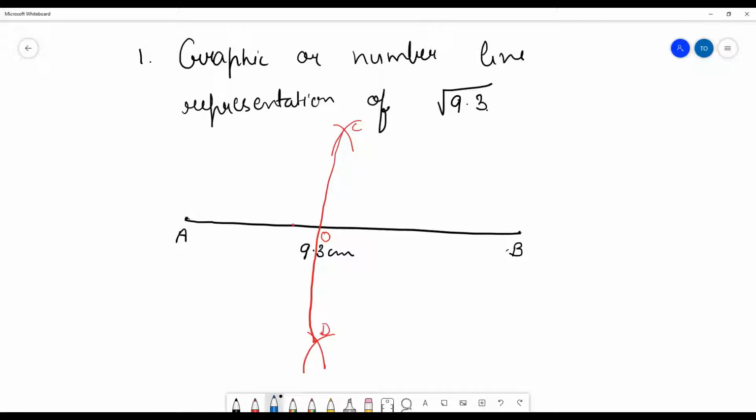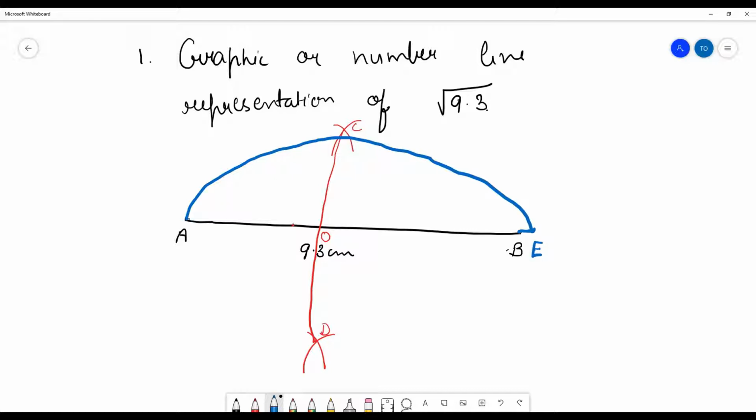With OA as radius, we will have a half circle which goes beyond B. With this radius, here is the point E. You can mark it as E.